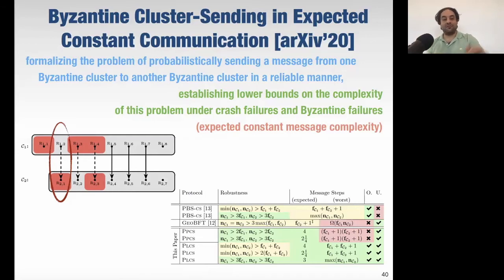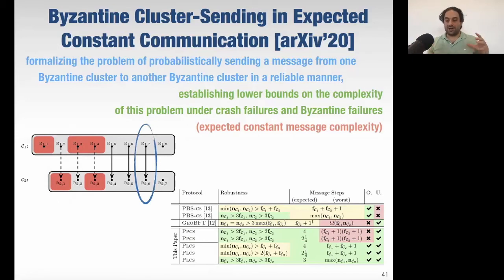Meaning we may pick the first pair and be unlucky: one of them, for example in the figure, is a red node, a faulty node, so that communication will fail. But on the second choice, we get lucky, and both nodes are honest and the communication reliably happens. And on average, irrespective of the size, only 4 of these are required in order to establish that reliable communication.